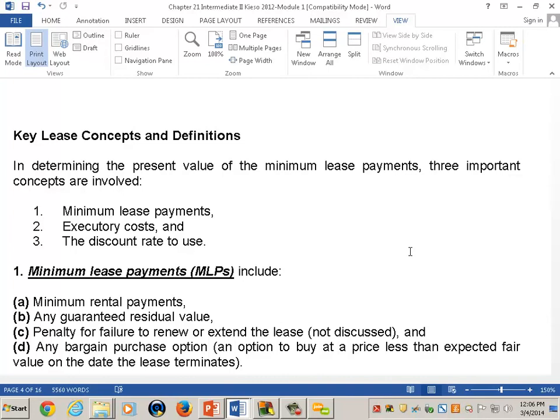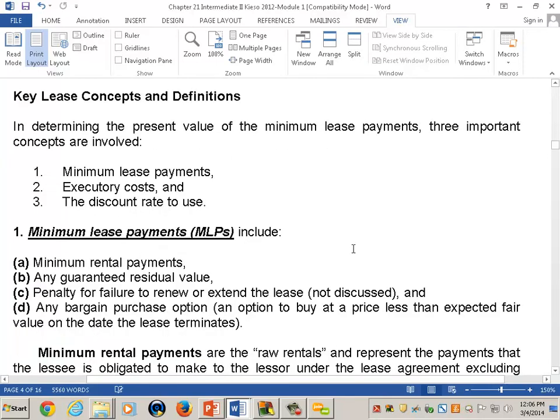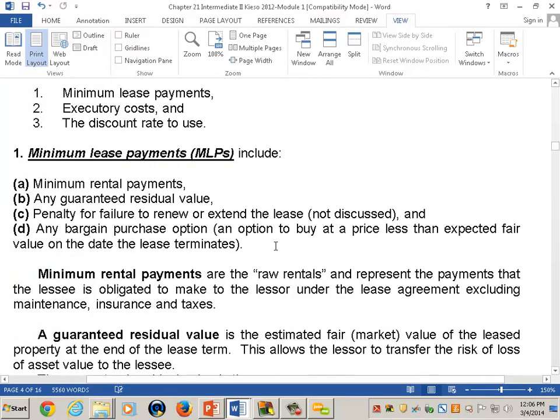So what are the minimum lease payments? The minimum lease payments are made up of four components. It'll be minimum rentals. Those are the pure rentals, as I tell you, the pure rentals that do not include executory costs. A guaranteed residual, which will be the amount of the asset's value at the end of the lease.